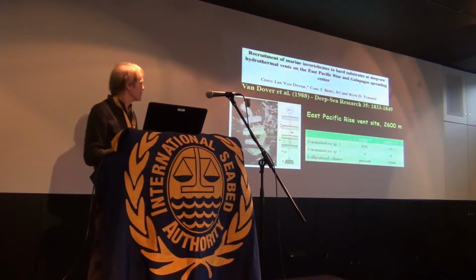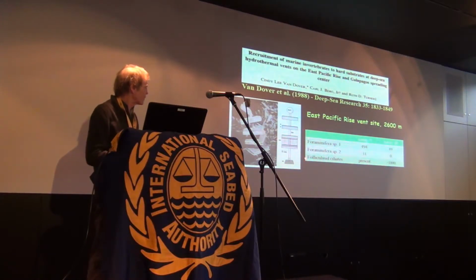She found that at one particular site on the East Pacific Rise, there was a foraminiferan species which densely encrusted at least one of these plates. There's a second one which I don't know very much about, but this foram species 1 was very abundant. Also ciliates.